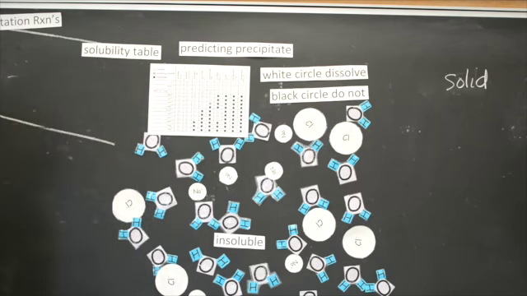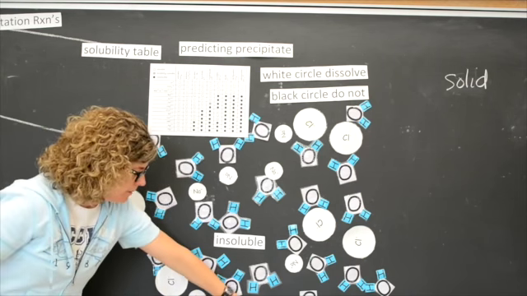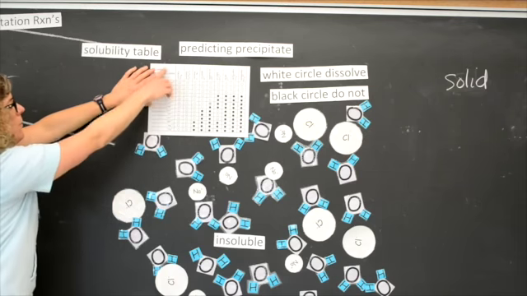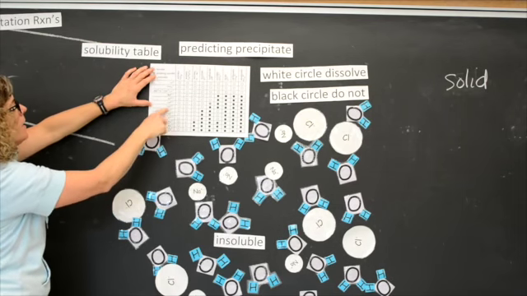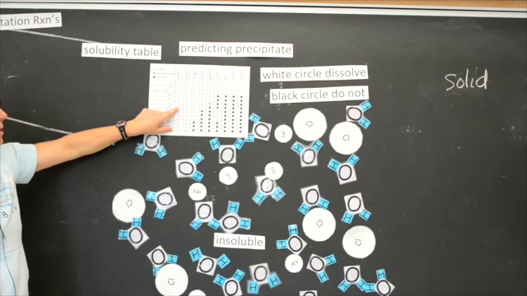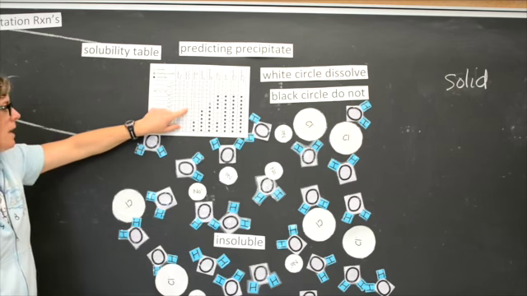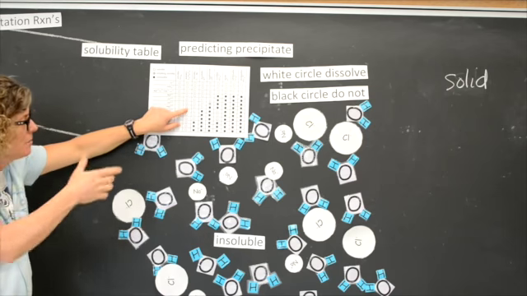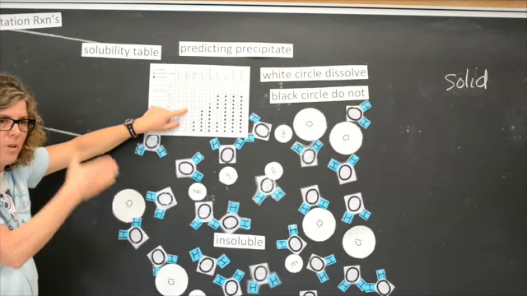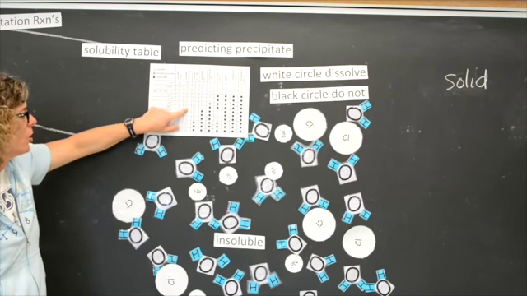Easy peasy. Now let's check out our magnesium carbonate. So going along this left side here, I'm going to look for magnesium. There's magnesium. And I see if there's a nitrate, it's going to be soluble. If it's in a solution where there's an acetate, water still, what does this mean? Water's going to be able to still fit between them. The attraction is not great enough for them to form that solid substance.